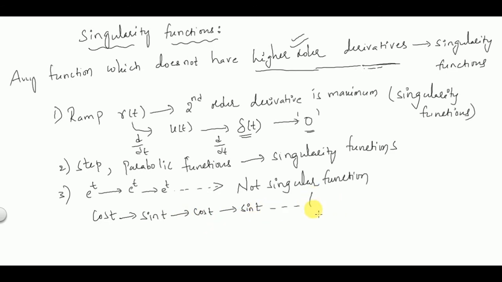So cos t is also not a singular function. Okay, so any function which does not have higher order derivatives is called a singular function. Ramp, step and parabolic are the examples of singularity functions, whereas e power t and cos t are examples of non-singular functions.